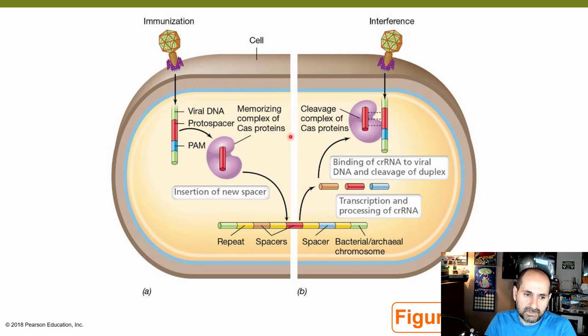And so what people have done, if you've ever heard of CRISPR in the news, is they use this system to not cleave viral DNA for bacteria, but they can edit this however they wish to target your own genome in your cells and modify your genome in various ways for gene editing. So we've taken this system from bacteria and we're using it to modify genomes of animals and plants. Isn't that interesting?